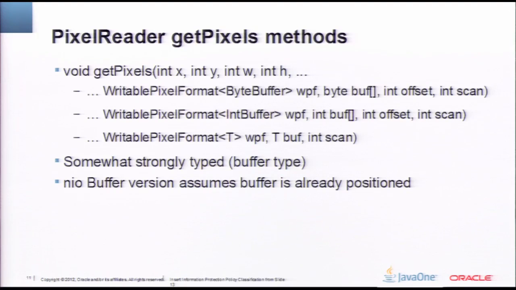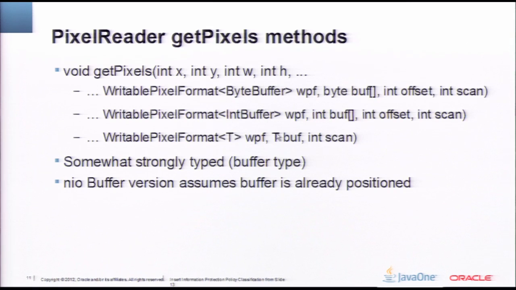The third one is the format for dealing with a Java new IO NIO buffer, and all of the pixel readers are tagged. They're generified so that they have the appropriate NIO buffer defining their underlying pixel data format. So it'll either be a pixel format of a byte buffer or a pixel format of an int buffer.